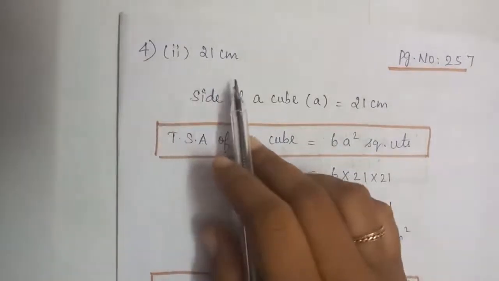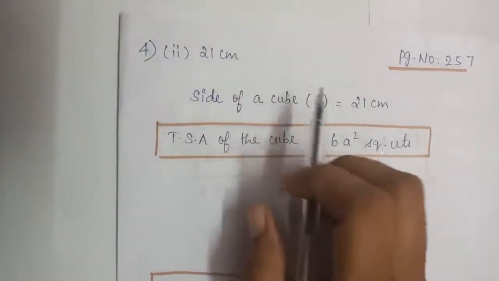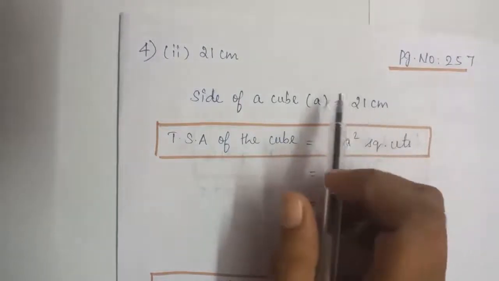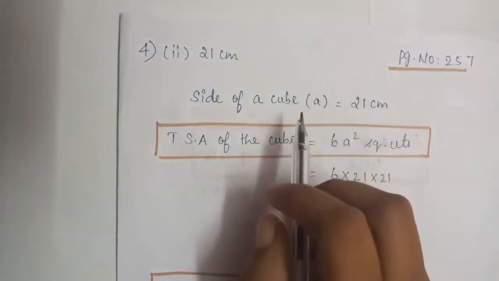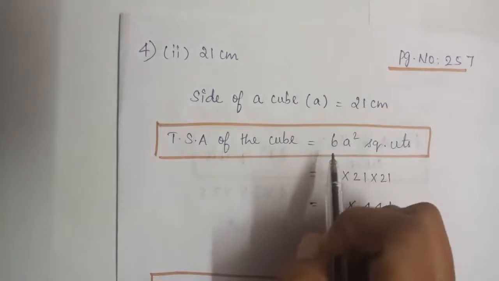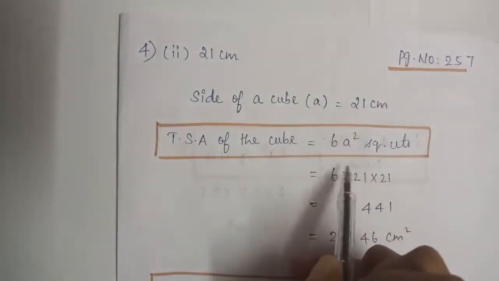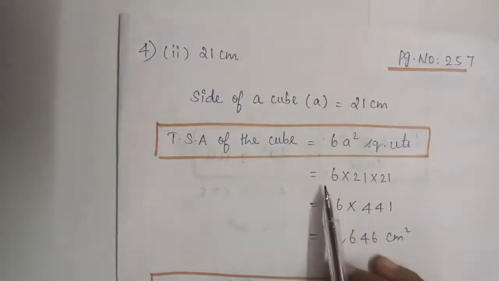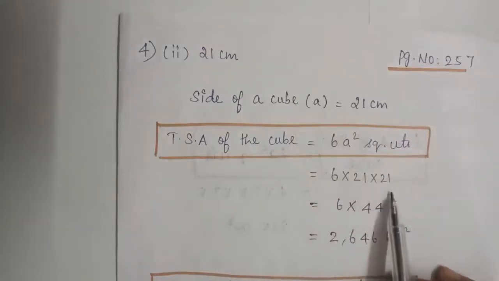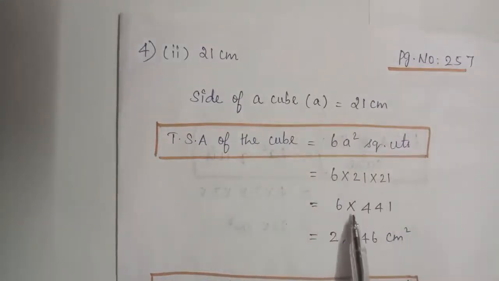Fourth one, second subdivision, 21 centimeter. The problem belongs to the same page number 257. So side of the cube A is equal to 21 centimeter. Total surface area of the cube is equal to 6A square units, which is equal to 6 into 21 into 21, which is 6 into 441, which is 2646 centimeter square.